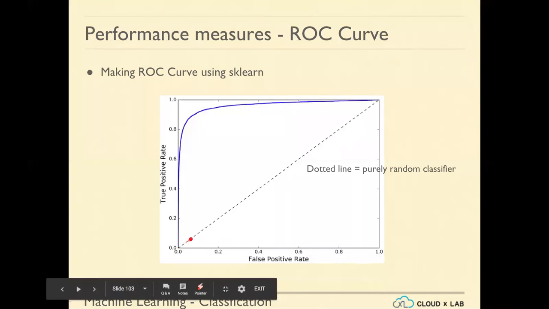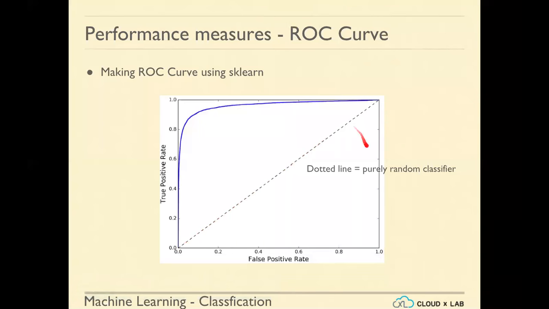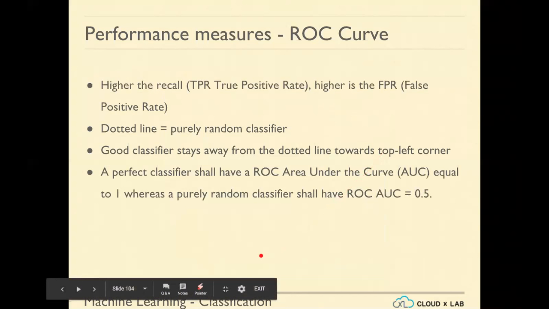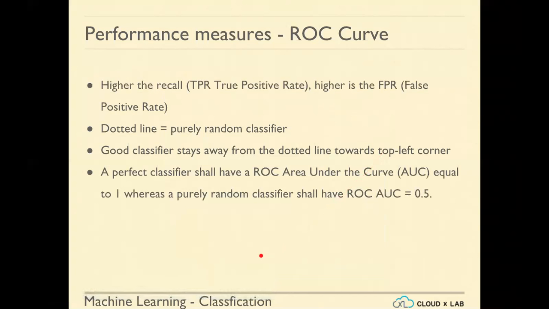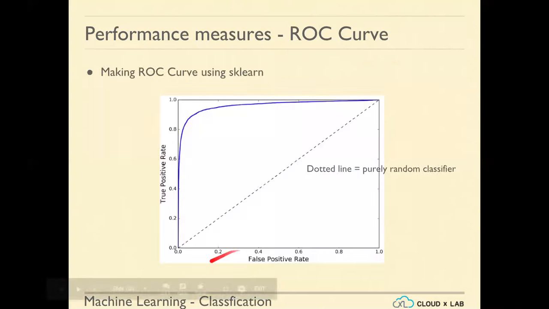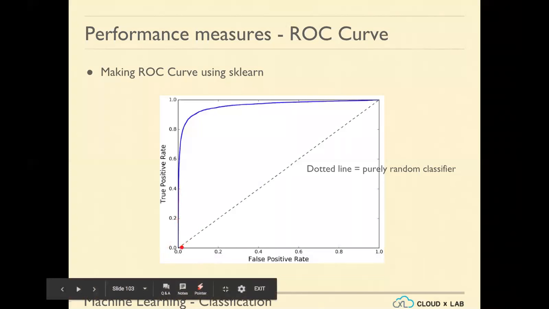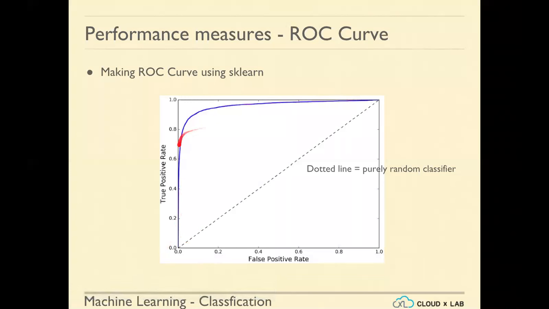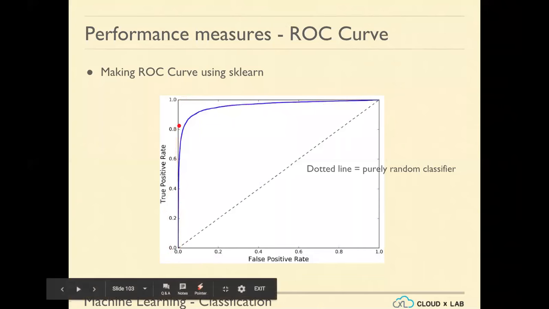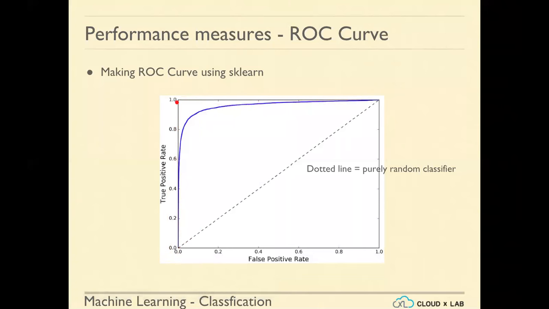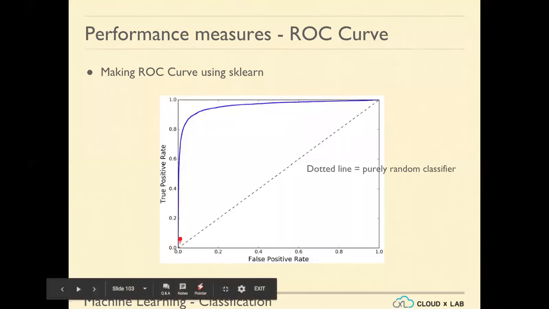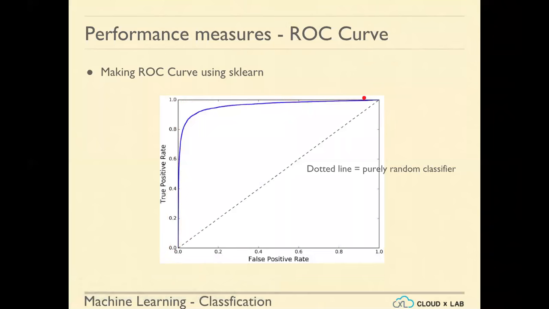This is the purely random classifier. Higher the recall rate, higher the false positive rate. The best case scenario is a classifier that goes like this: a person who can identify 5 as 5 perfectly without making mistakes would give 100% here and no false positives.